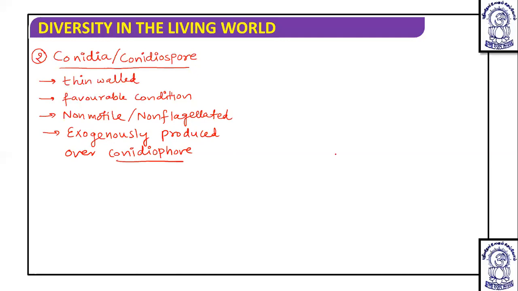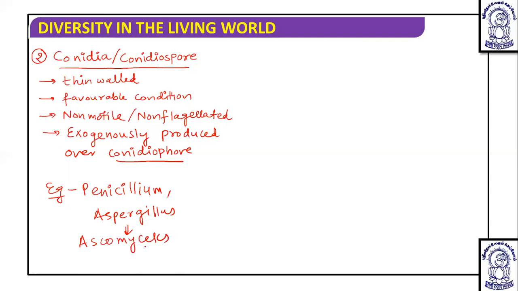Now when we take an example, these conidia are found in some ascomycetes, for example Penicillium and Aspergillus, and both belong to the ascomycetes class.